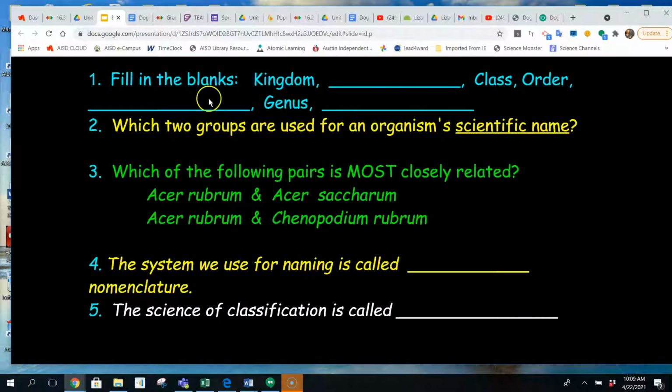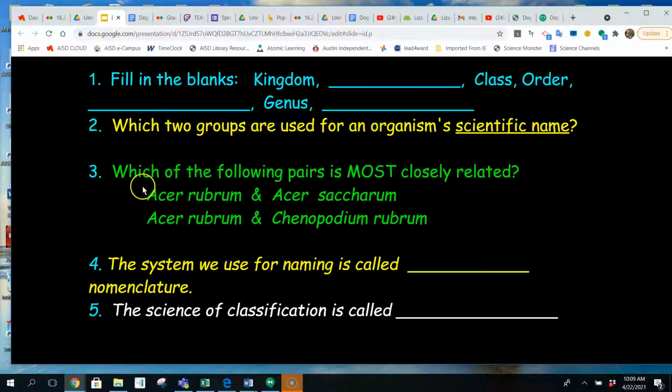So you're going to fill these in. The next one is, which two groups are used for an organism's scientific name? So from this order above here, which two are used for the scientific name? We just saw a video on that.